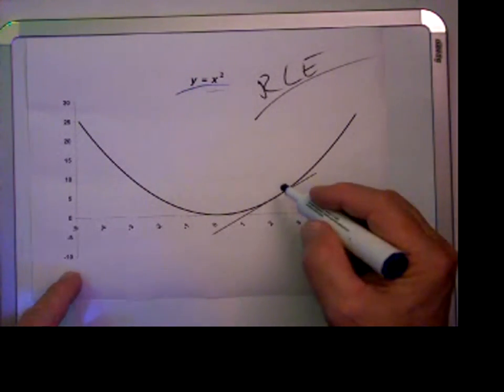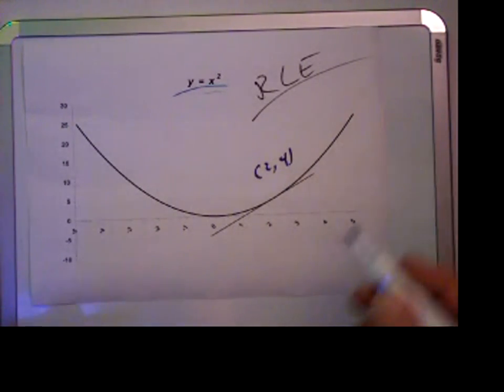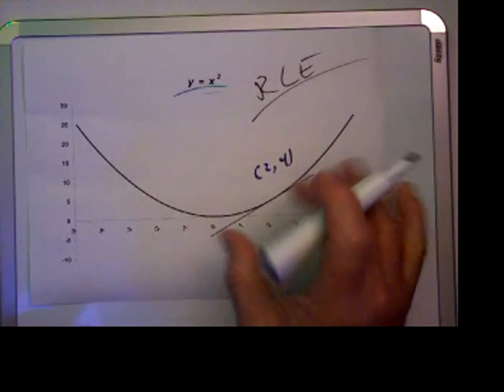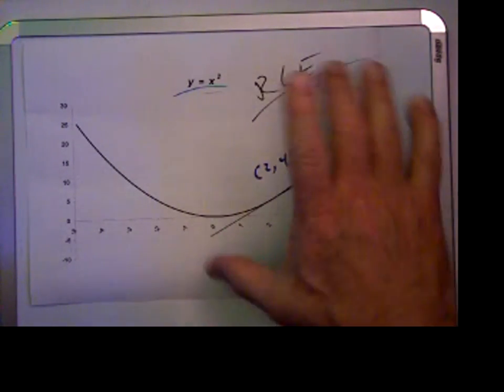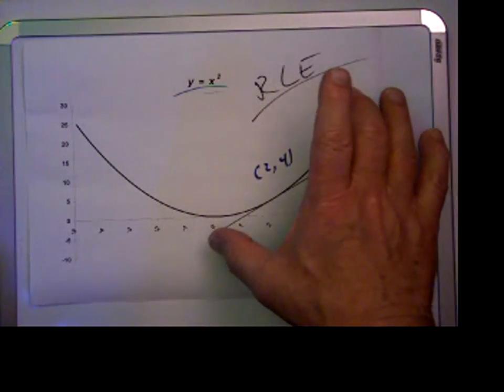We have this point here at 2, 4, and we want to know what the derivative is at that point. The derivative is not that line, it is the slope of that line. If this were at a 1-to-1 scale, you would see that line is fairly steep. Lines are neither fast nor slow.